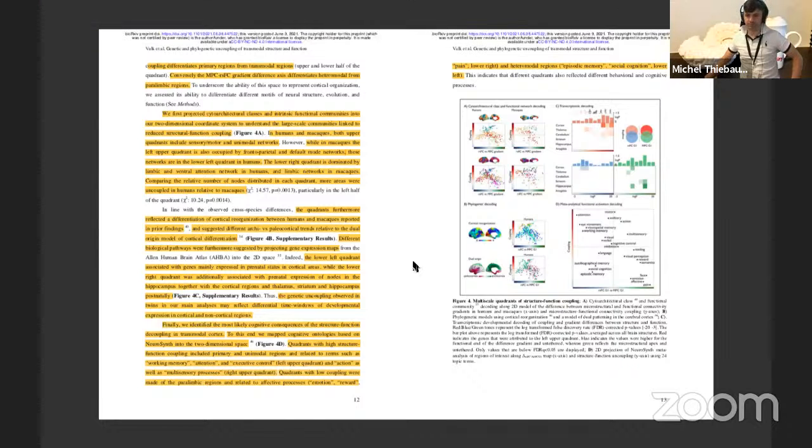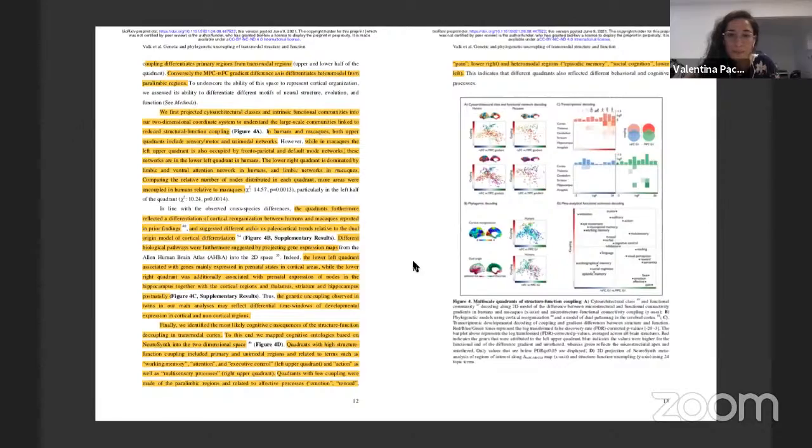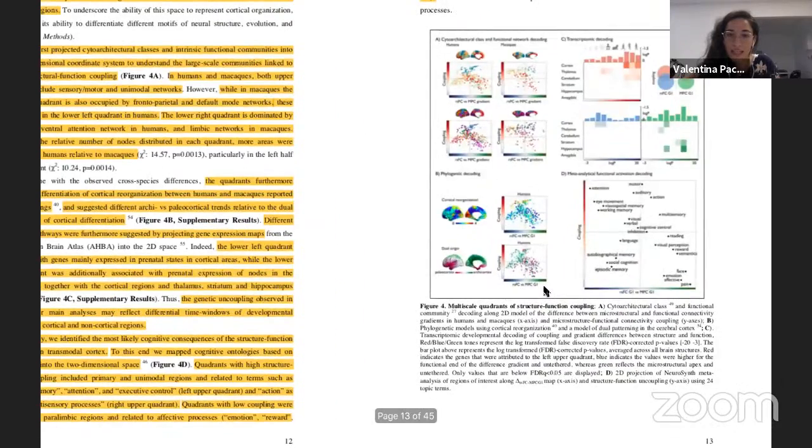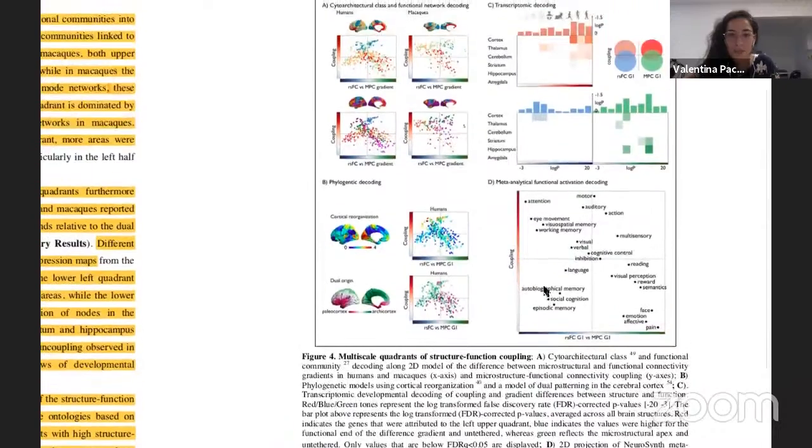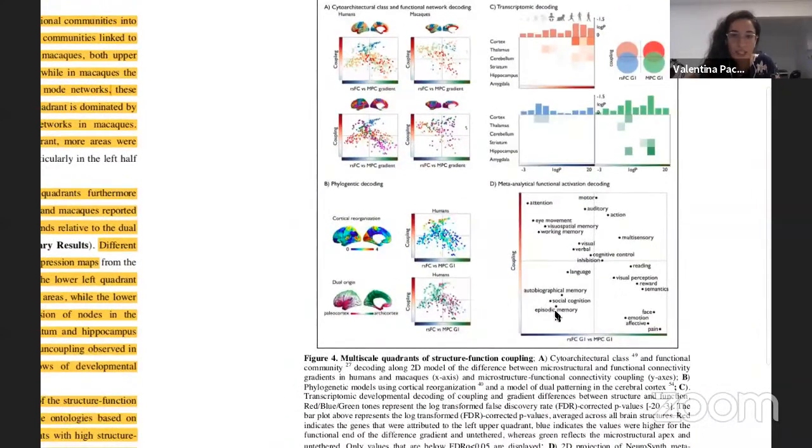To me, the most interesting and striking result was this one. The uncoupling of autobiographical and social cognition functions is what makes us unique as humans.